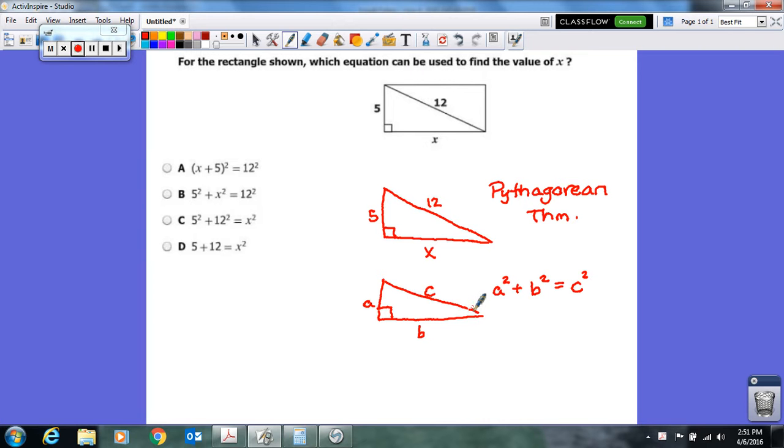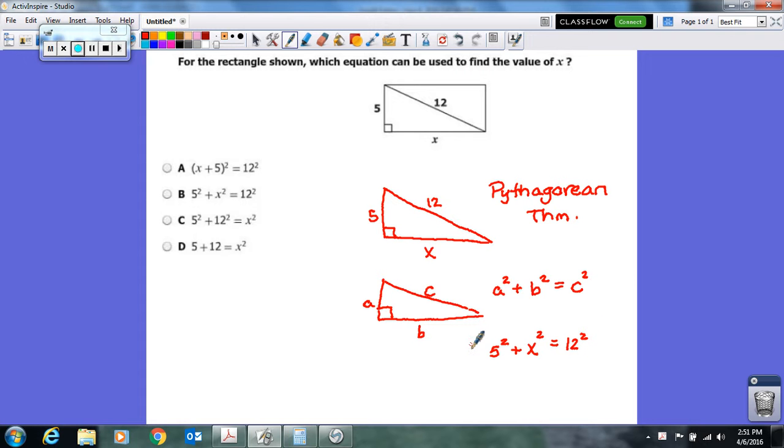So I can write a formula to find this missing side here by saying that 5 squared plus our b, which would be x, squared is equal to our c, which is 12 squared.